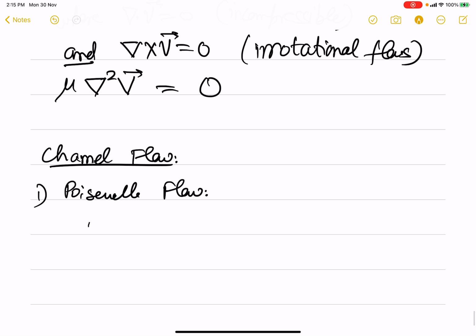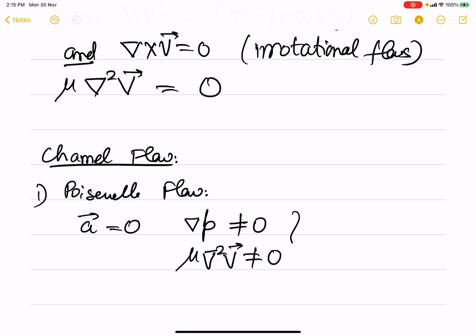In Poiseuille flow, the left hand side is equal to 0, so acceleration is 0. There is a grad P term, which is not equal to 0. Again, the gravity part can be clubbed with the pressure, it doesn't play much role. And we have mu del square V, which is not equal to 0.